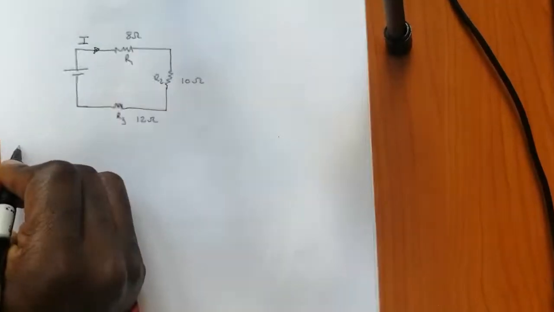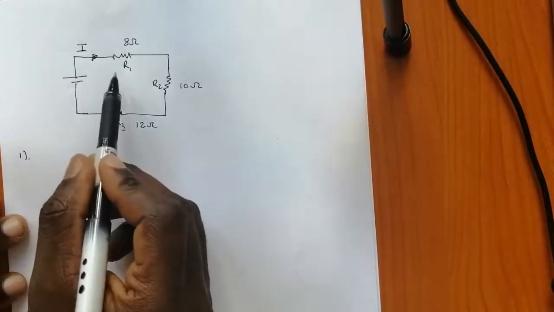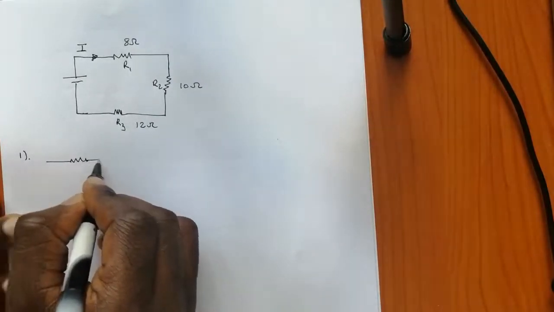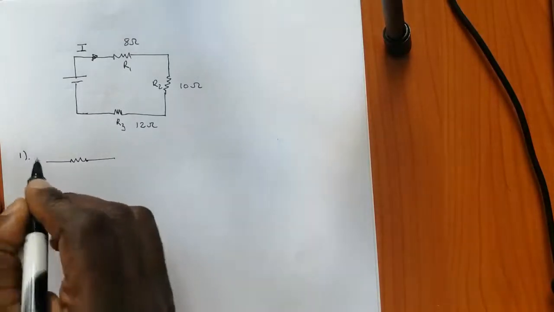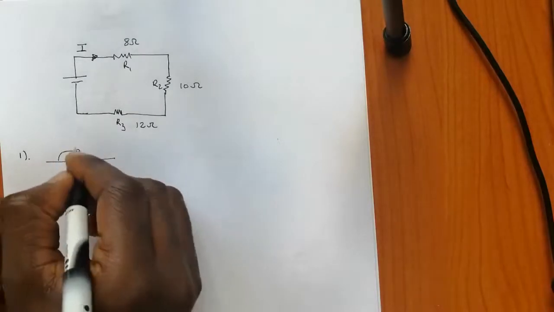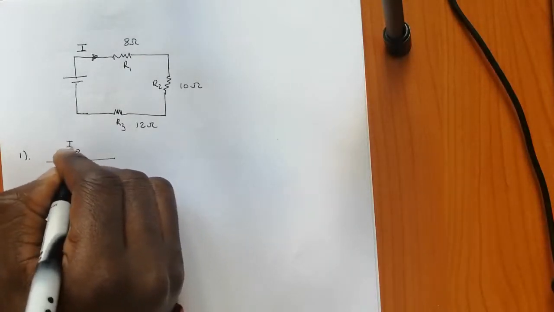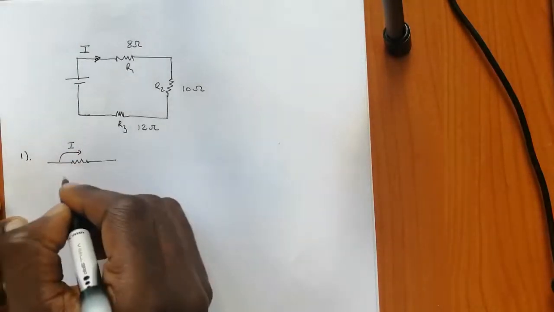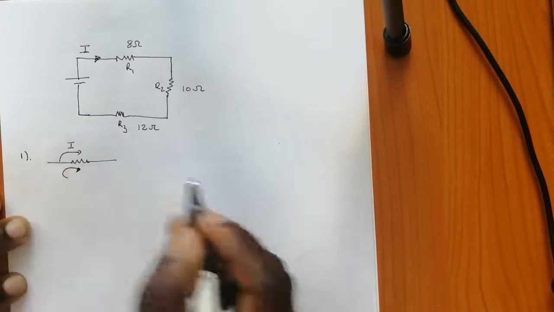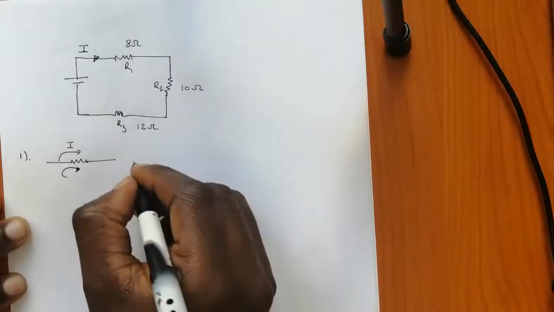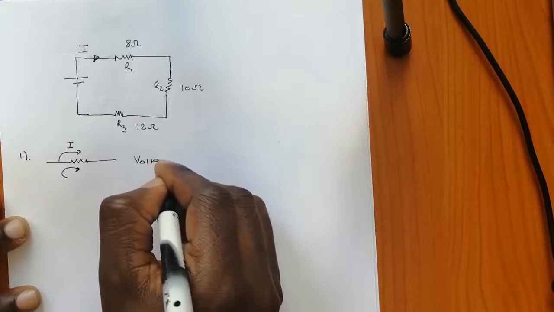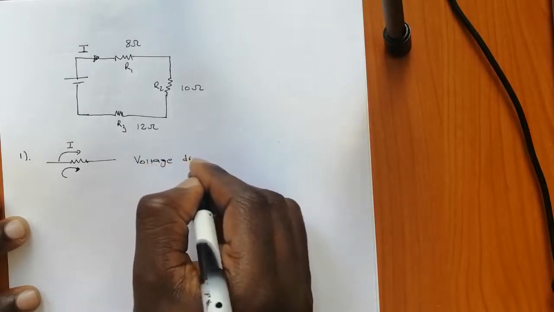So number one, if you have a resistor like this and your current I is moving in that direction, and your loop is also in the same direction as the current, you will encounter what is said to be a voltage drop.